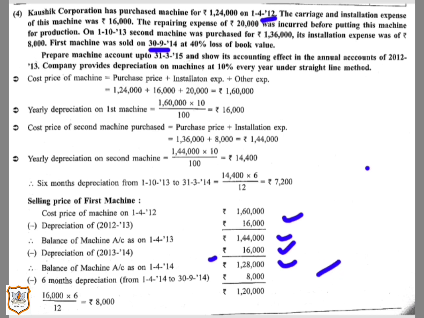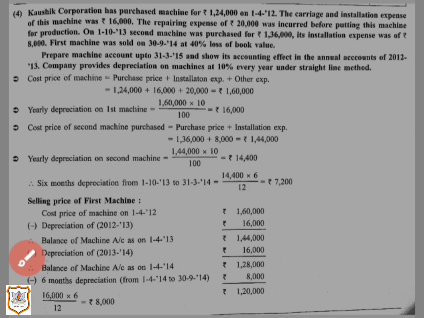So here depreciation will be charged for 6 months only, that is from 1st April 2014 to 30 September 2014. That is 6 months. So 6 months depreciation will be charged in the third year, that comes to 8,000. And if we deduct it, we will get 1,20,000. That is the book value on 30 September 2014.